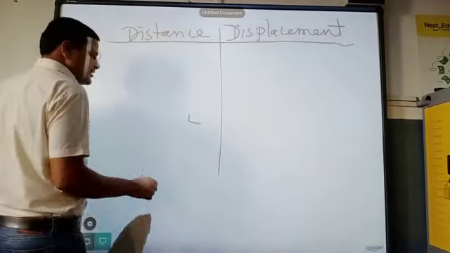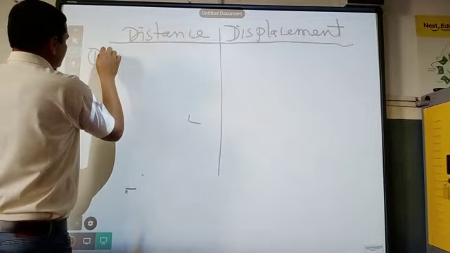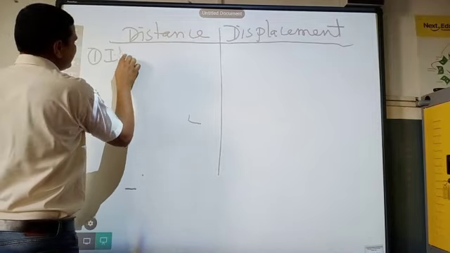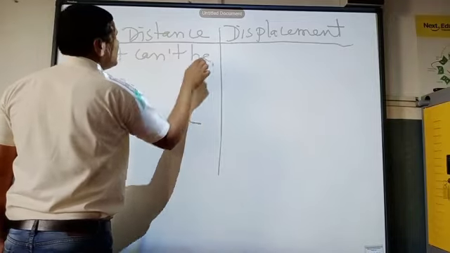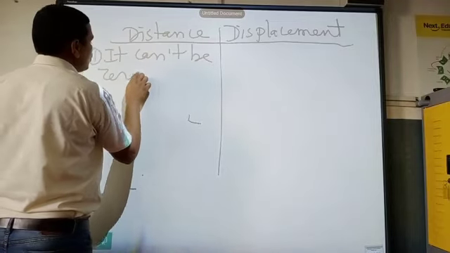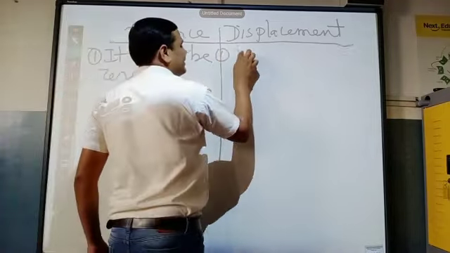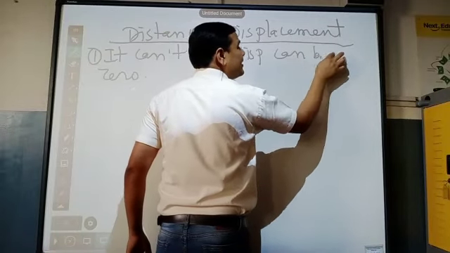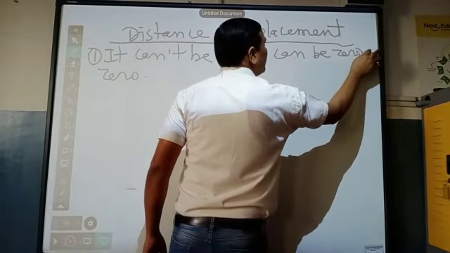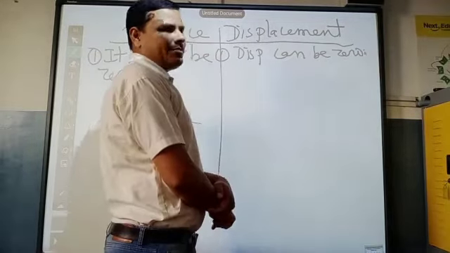And the second difference is that distance can't be zero. But displacement can be zero. Now you ask us, sir, how displacement can be zero?